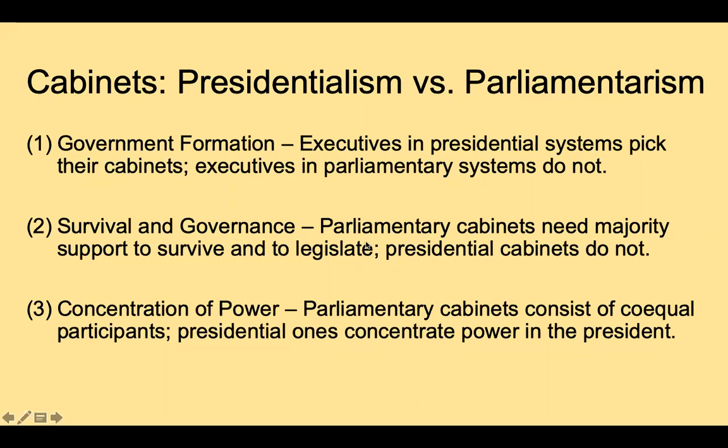It looks like 23 of you, or 58% of those who voted, said that parliamentarism is the more democratic alternative with regard to survival and governance. 17 of you said presidentialism, or 43% of you.